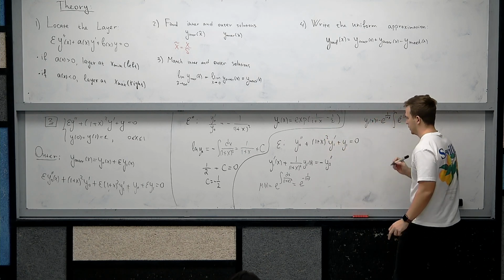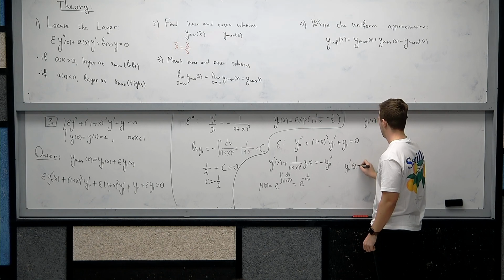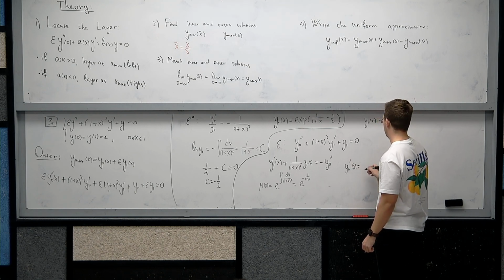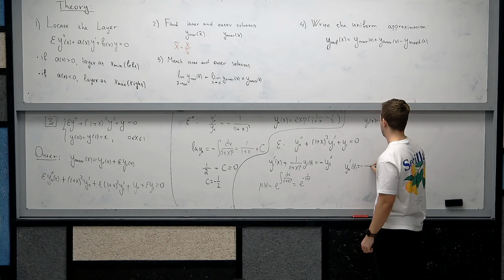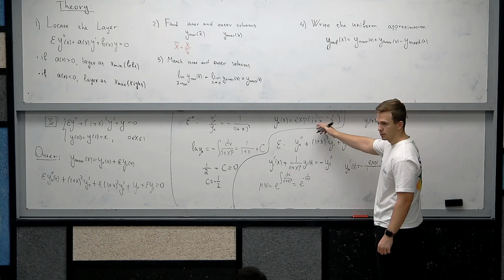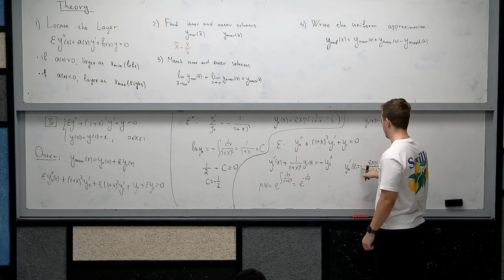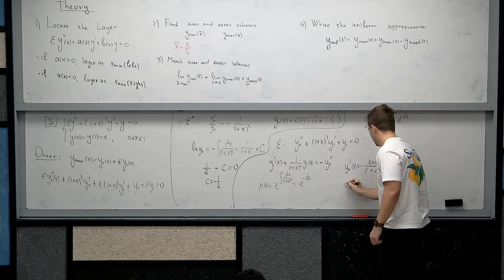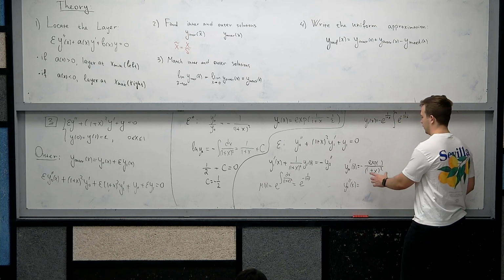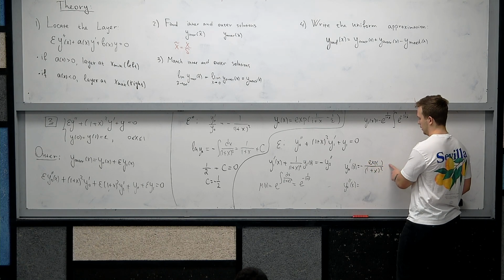Okay, so y naught prime is minus exponent, right, multiplied by the derivative of this, and it's 1 plus x squared with minus one. And the second derivative, so again, let's firstly find the derivative of this and add the derivative of this.